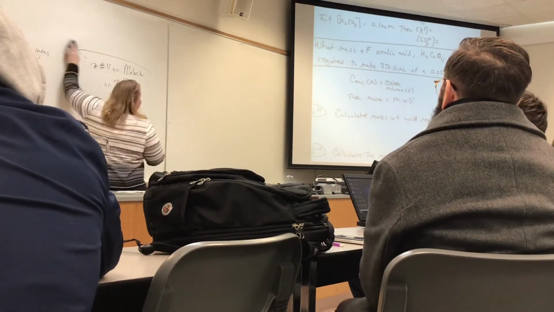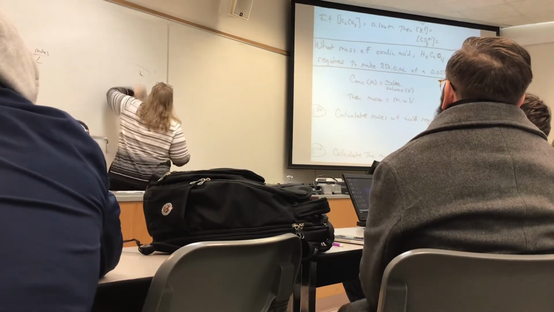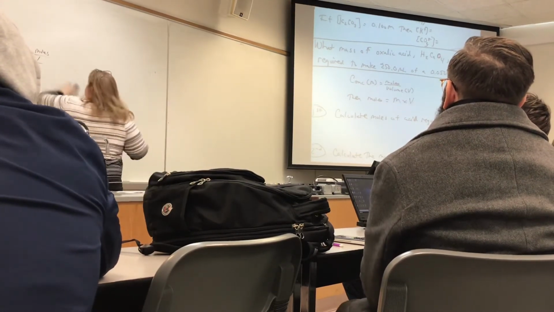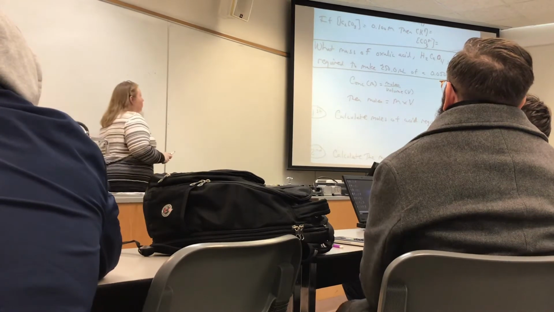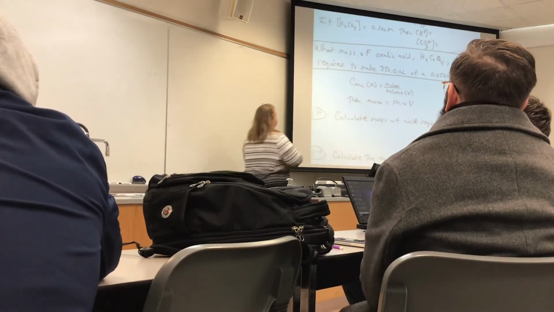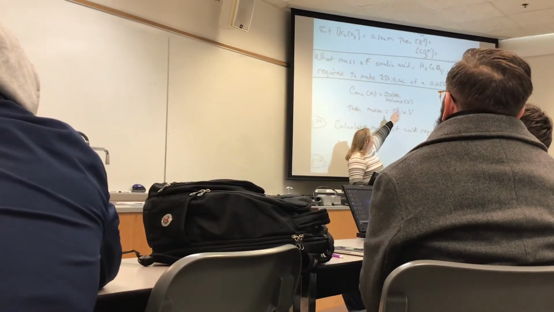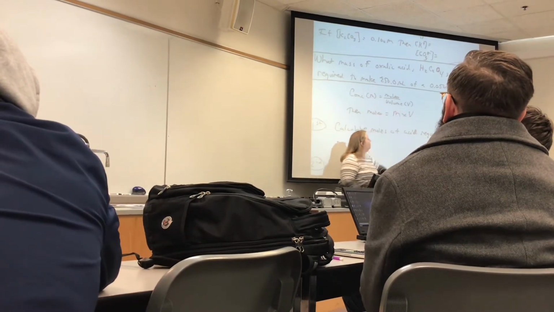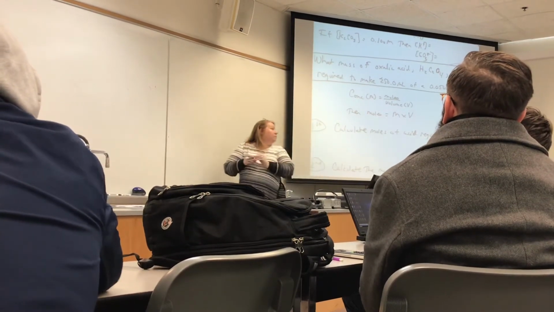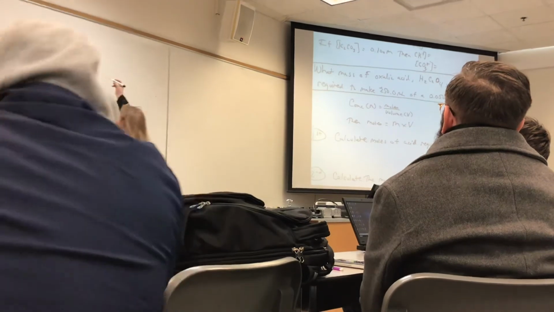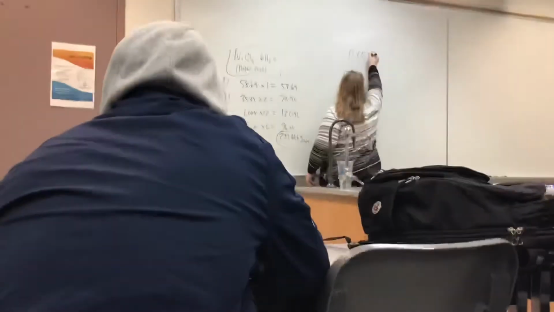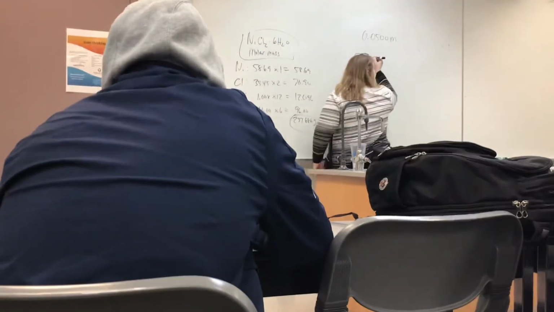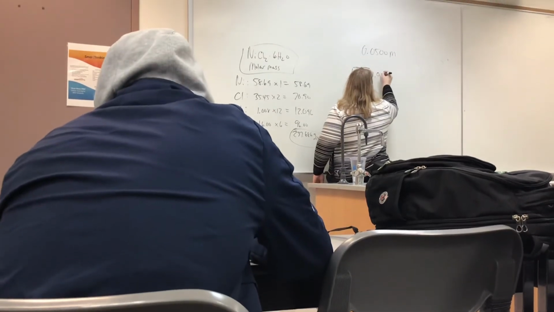So, first thing I have to do is calculate the moles of acid required in 250 milliliters of a 0.0500 molar solution. There's a few ways you can do this. I'm going to do it the dimensional analysis way right now. So I first write out the numbers I have.